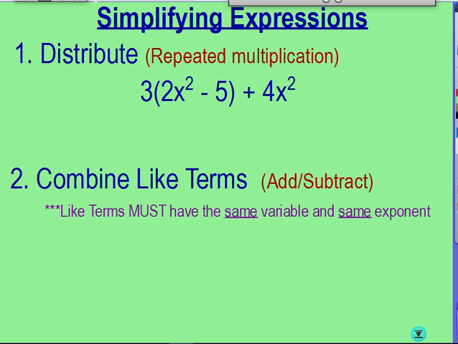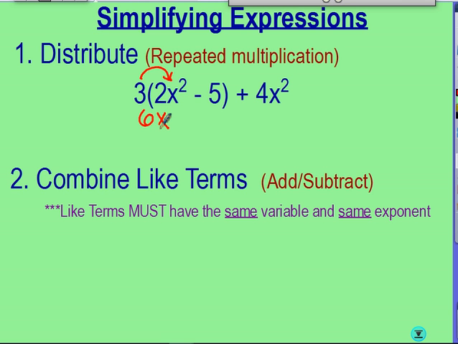The example here, 3 times the quantity of 2x squared minus 5, plus 4x squared, is going to require us to multiply 3 by the inside terms of the parentheses. I will also bring down 4x squared.